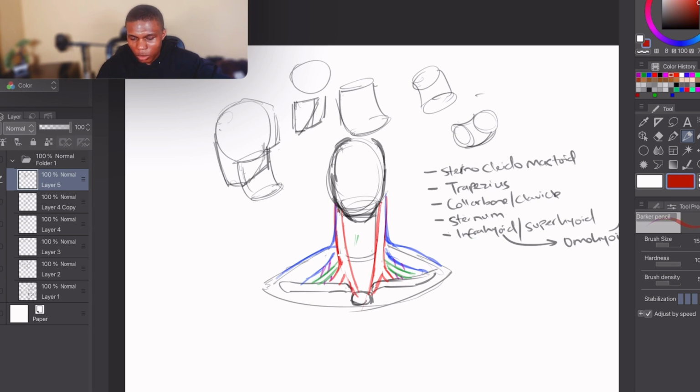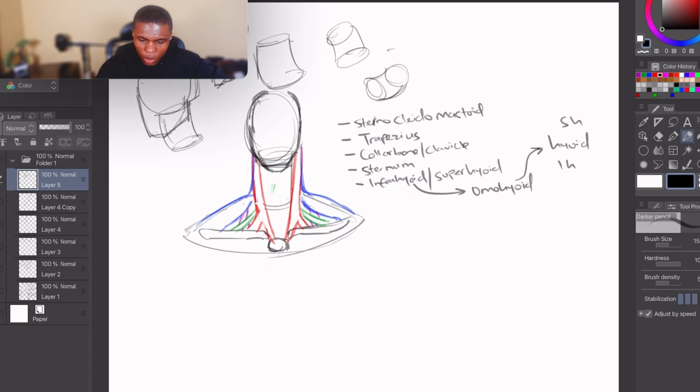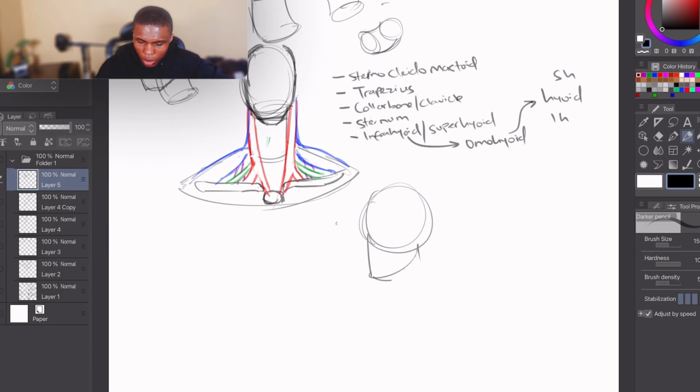And then the next thing you're going to do is try and draw these basic muscles in different angles. When you're drawing, the neck isn't straight like this. Try not to draw the neck straight. The neck is curved, it's a curved cylinder.